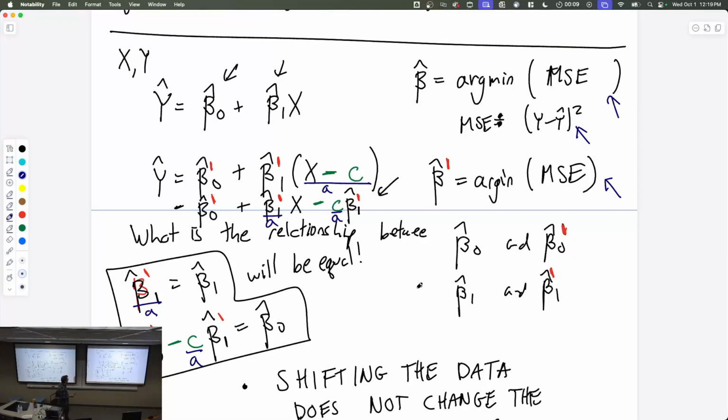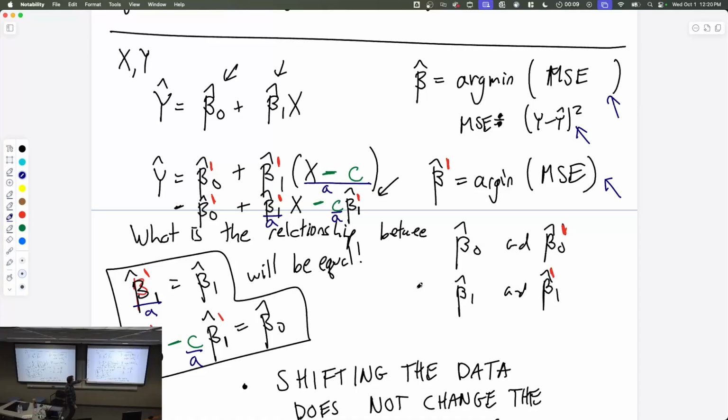The slope in the new coordinate system is beta hat 1 prime. Yes. But if you do c over a times beta hat 1 prime, that's not the same as without rescaling.